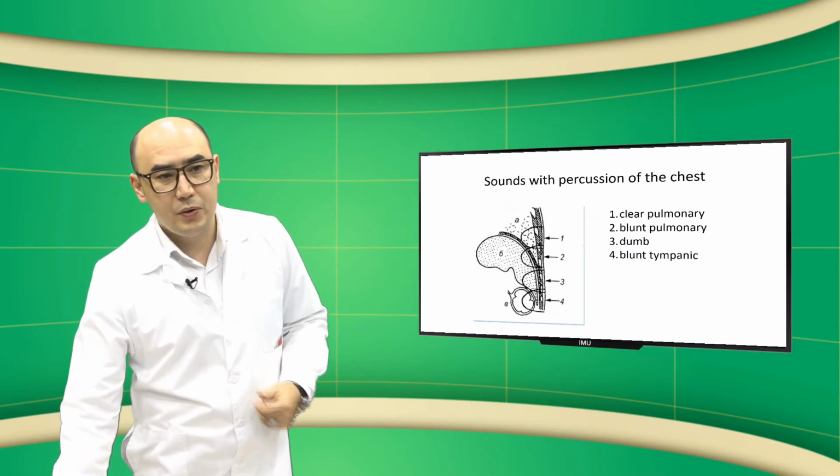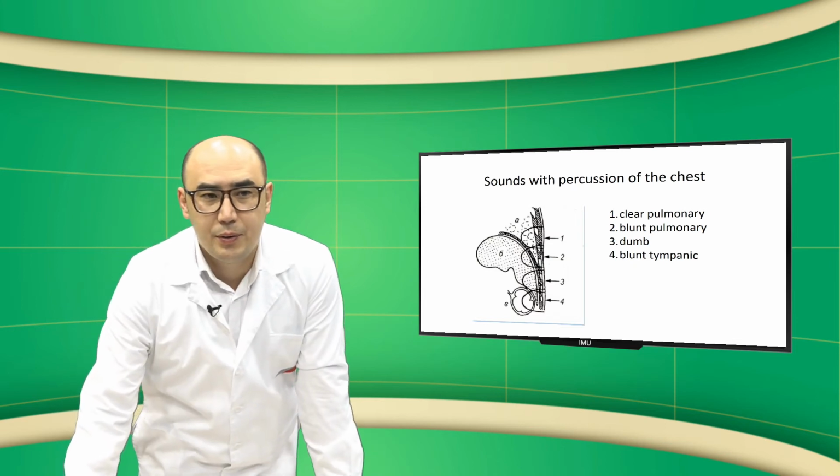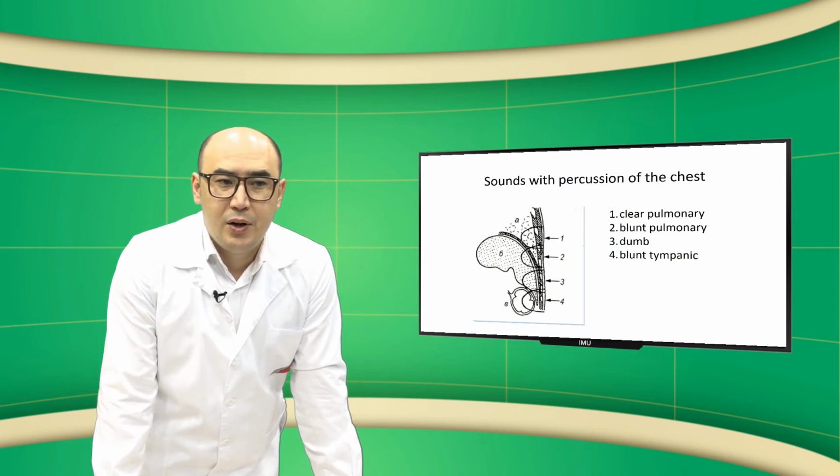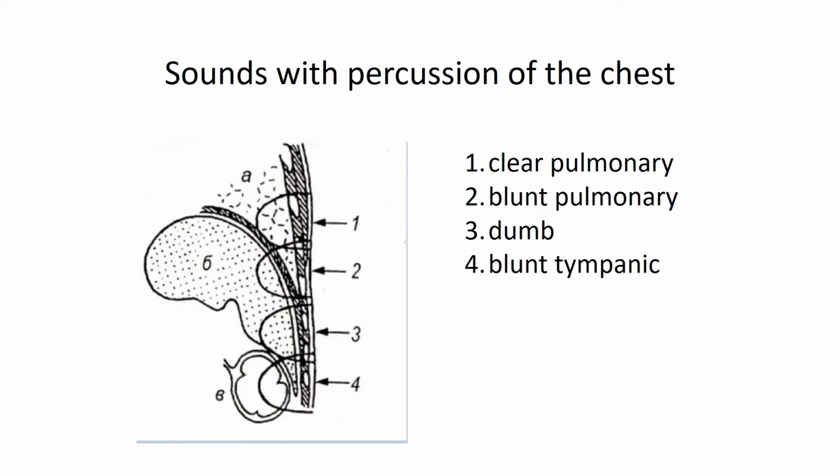Now on your computers, on the slide, you can see the sounds with percussion of the chest. In this picture, it's the edge of the lung, and then the lung borders the spleen. Number one: the sound goes through the muscle and ribs and exactly into the lung.